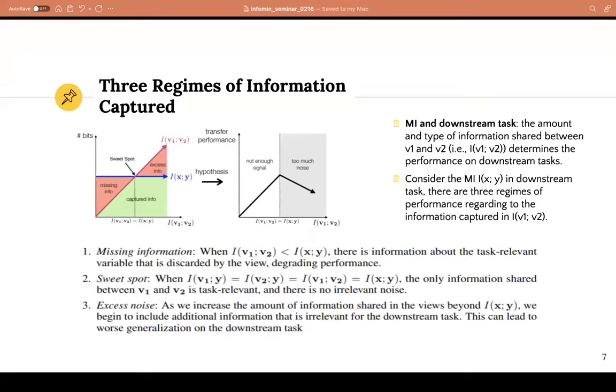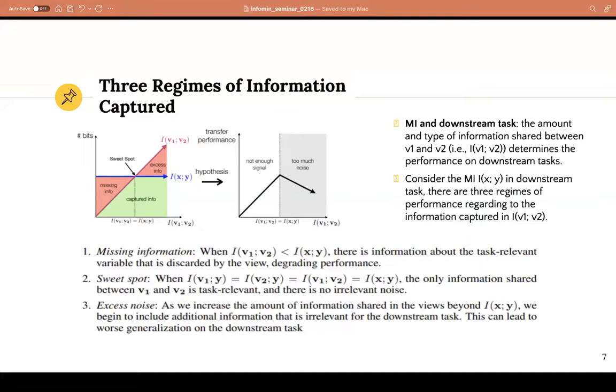And we can see on the left-hand side there is a graph. The y-axis represents the bits, the mutual information. We can see there are three regimes. When I(V1;V2) is less than I(X;Y), there is information about the task-relevant variable that is discarded by the views, so it will degrade the performance.